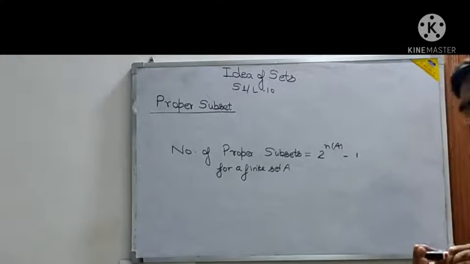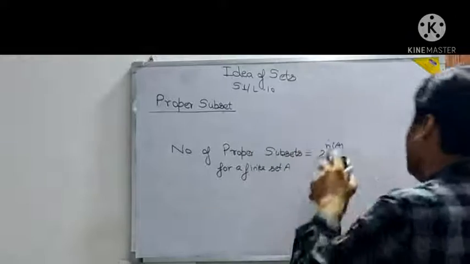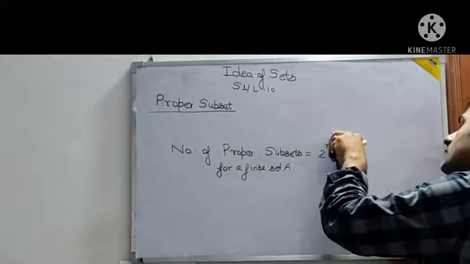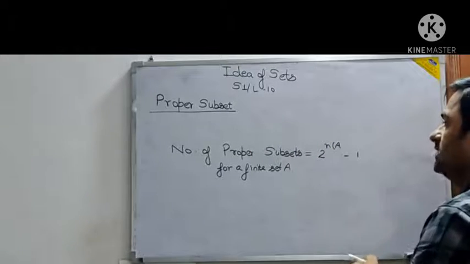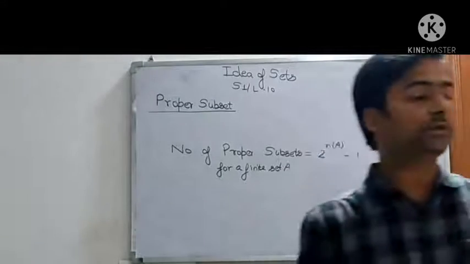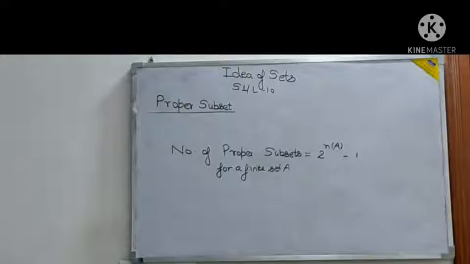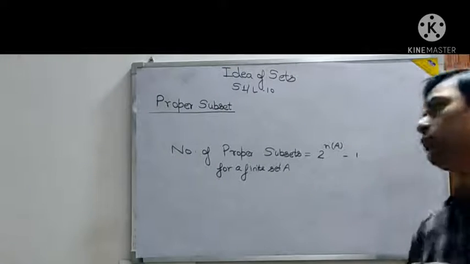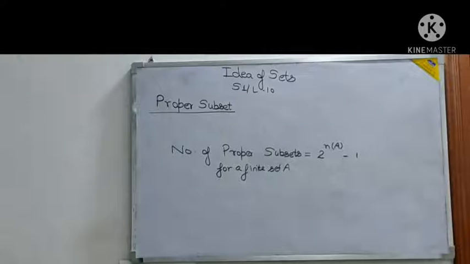That means 2 to the power n(A) minus 1, and the minus 1 is from the total number of subsets. If you remember, we had done the number of subsets as 2 to the power the cardinal number. So 2 to the power n(A) minus 1 will be the number of proper subsets.